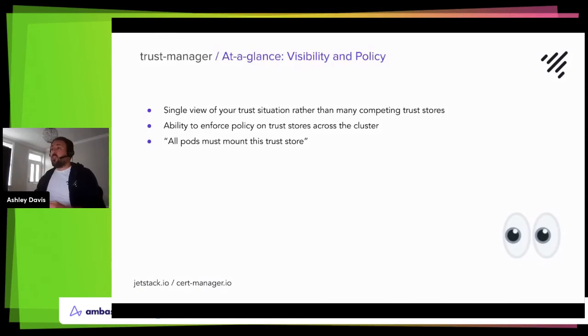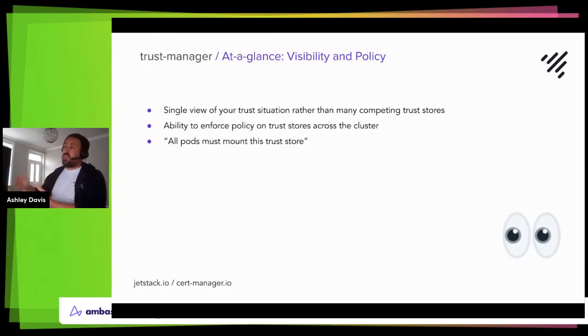A third thing, which is actually a really cool benefit of this, is that this enables more visibility into what your trust situation looks like. I don't think there's many people who can actually reliably say what trust they have in every container, in every pod, right? Most likely, they're just using a Linux distribution, and that's going to have the Mozilla Trust Store in it. Maybe they're tweaking it and adding something else in there, but it's pretty difficult to assert what those files contain everywhere.